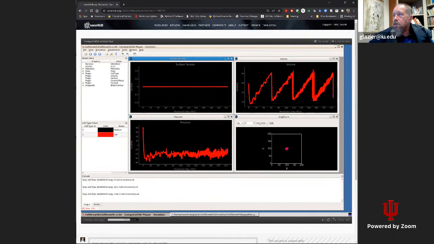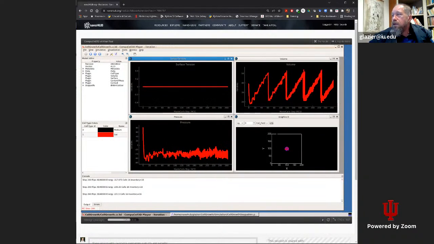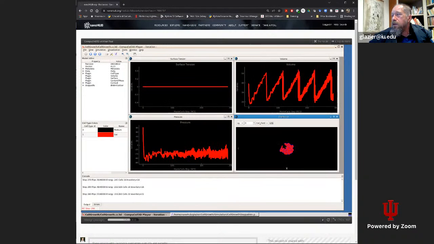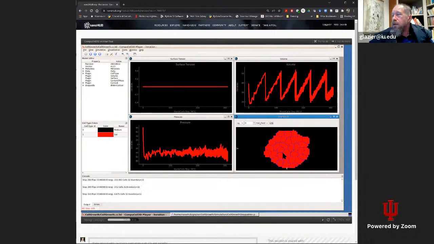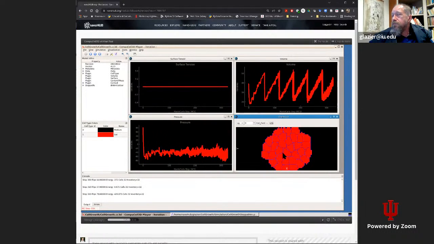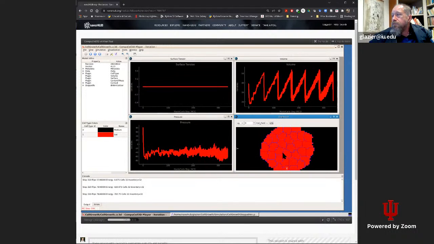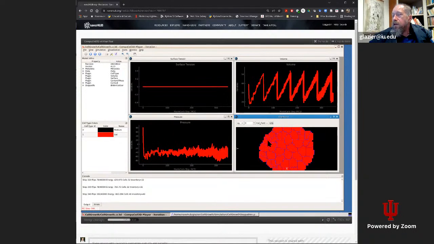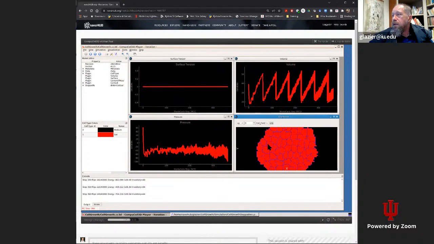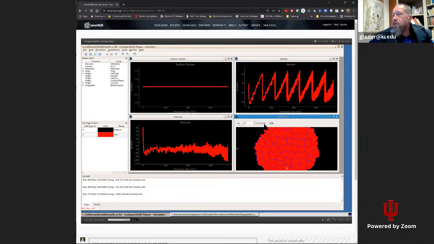Okay, I see my cells growing. They're dividing. I can zoom in here to see what's going on. They're growing, they reach a doubling volume and they divide. And I could visualize the pressure field.